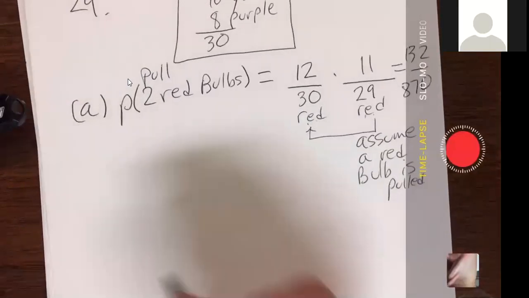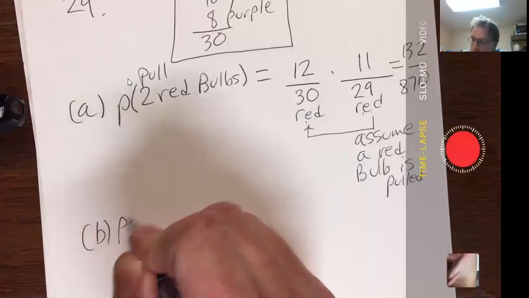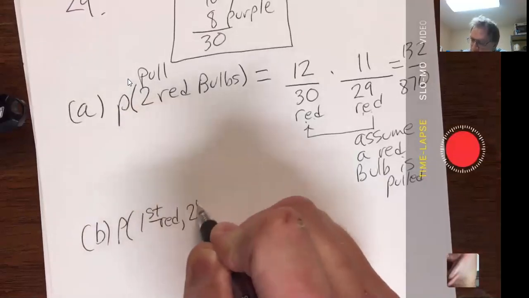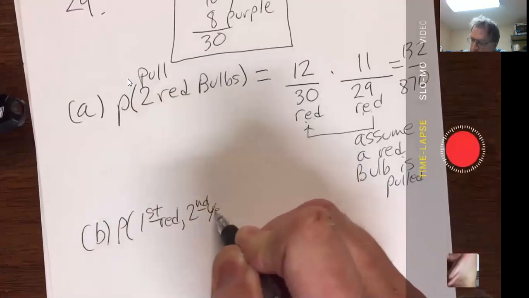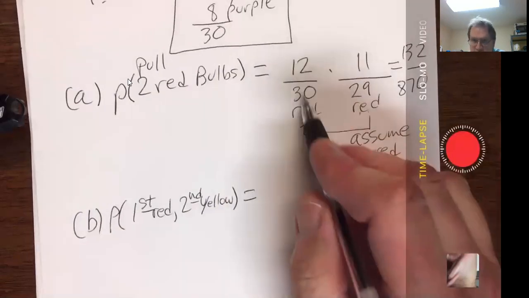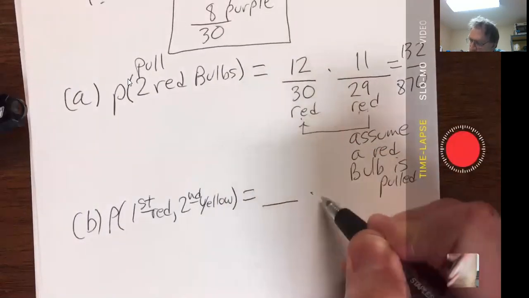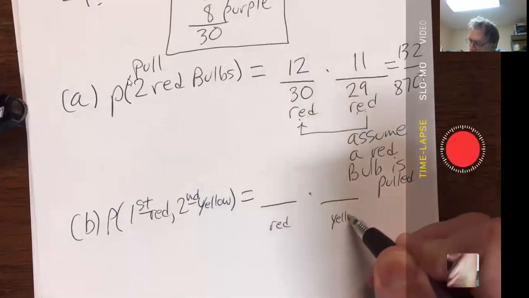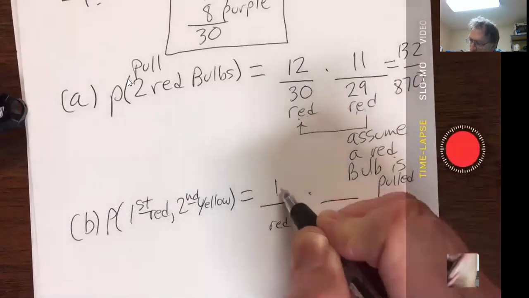Yes, please. Okay. Probability first red, you pull the first red one, second yellow. Well, your first red is going to be identical to this. 2 slots again, red, yellow. So you're going to have 12 out of 30.